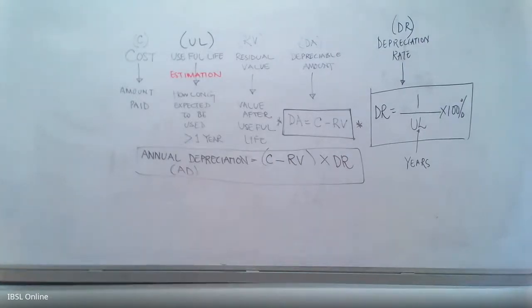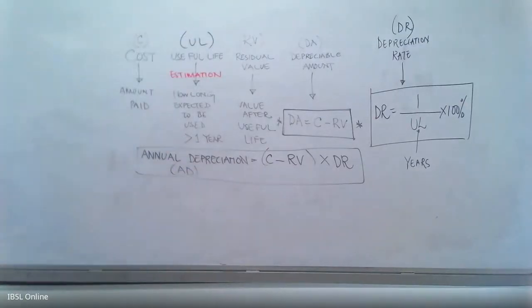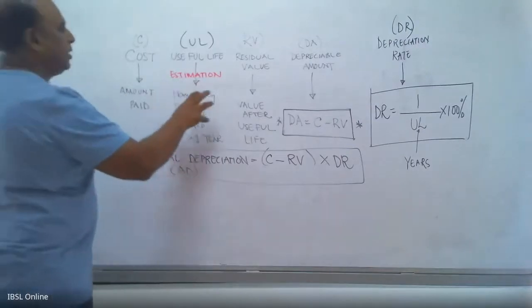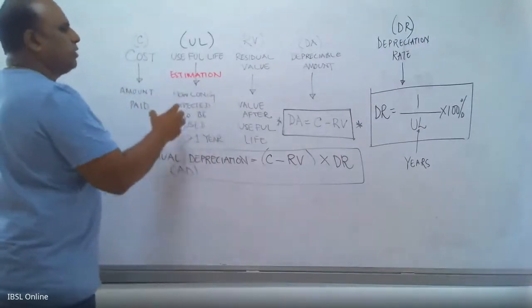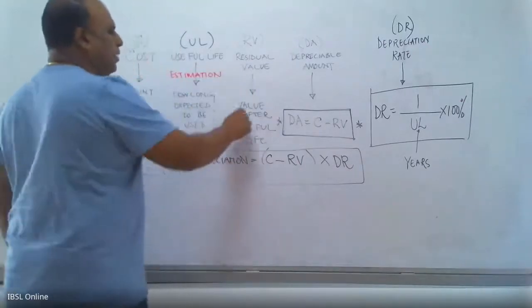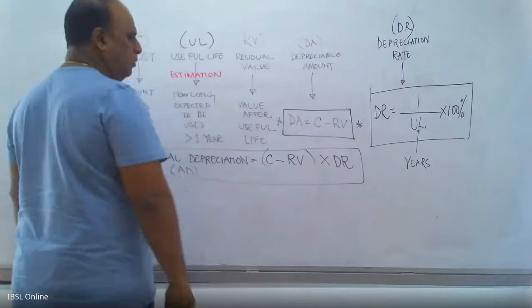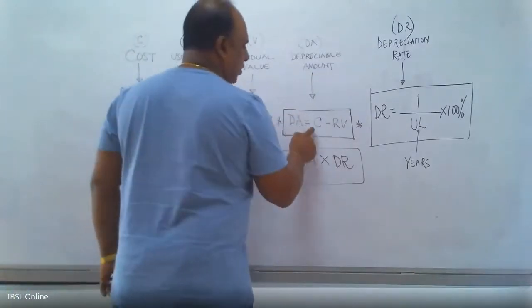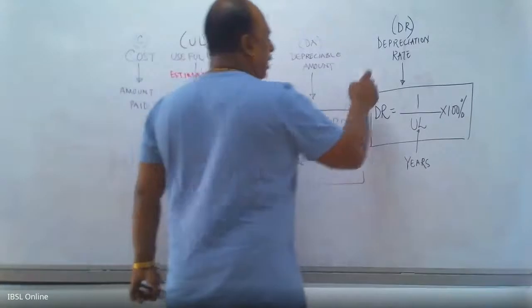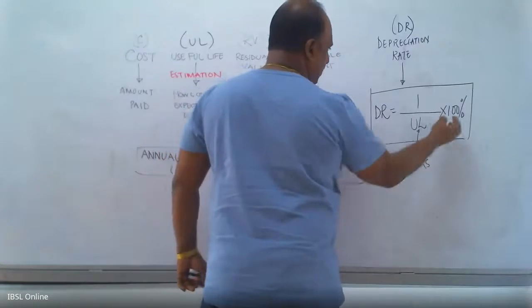Okay. So you have the whole thing in a snapshot like one sheet. Cost, the amount paid. Useful life, your estimation with regard to how long this asset could be used. Then the residual value is the value after the useful life. If you think that this can be sold for some amount, that is the amount. Depreciable amount is your cost minus residual value. And the depreciation rate means 1 divided by your useful life, in number of years, into 100%.